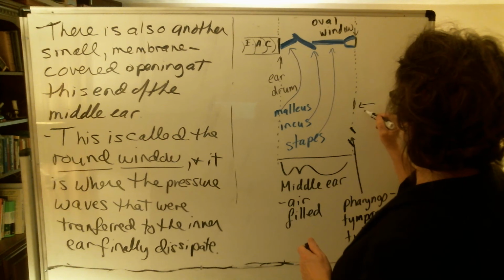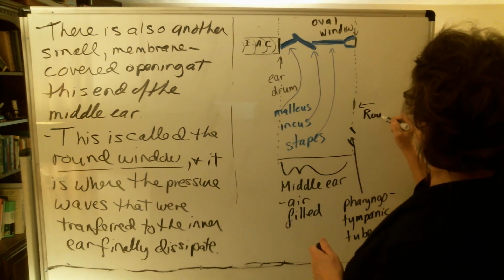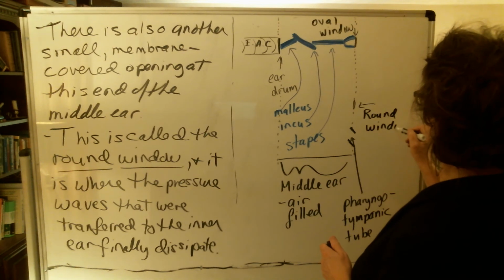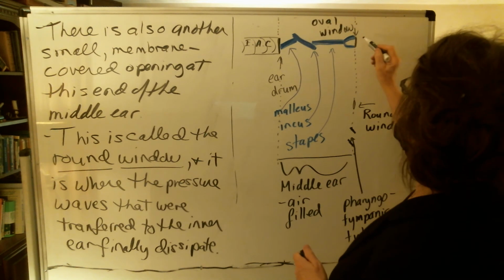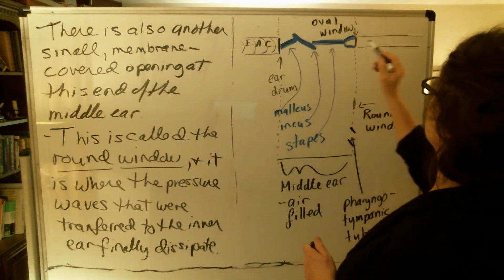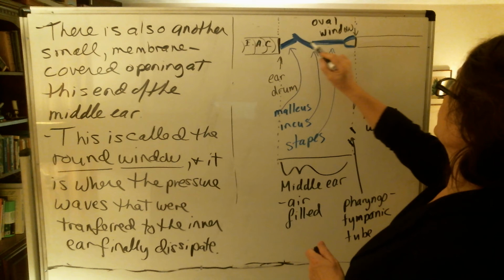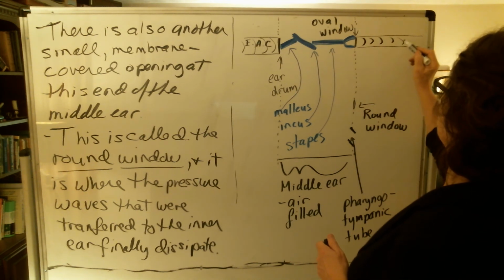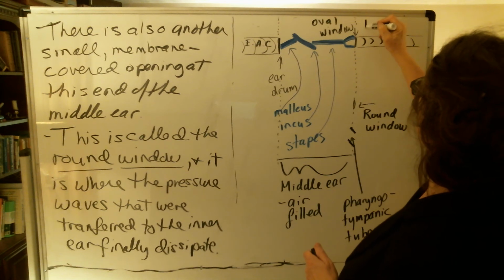So that then is the round window. And what has happened in a highly diagrammatic way is that we have the pressure waves that were transferred across the middle ear are now here in the inner ear.